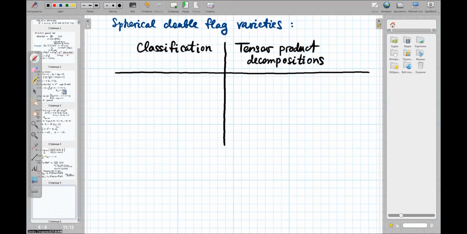Well, yes, I just give you some names. So the classification of spherical double flag varieties was obtained by several people. So the first one was Peter Littelmann, who actually solved both problems, but in a particular case.